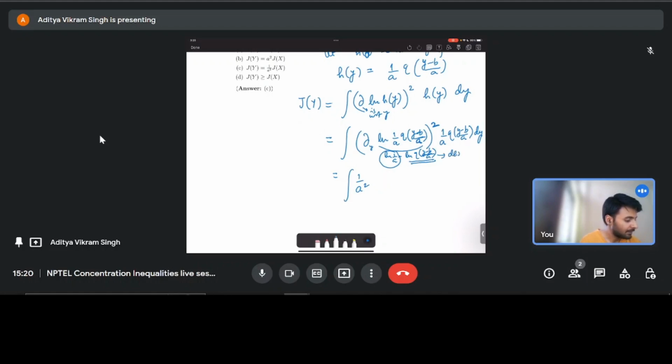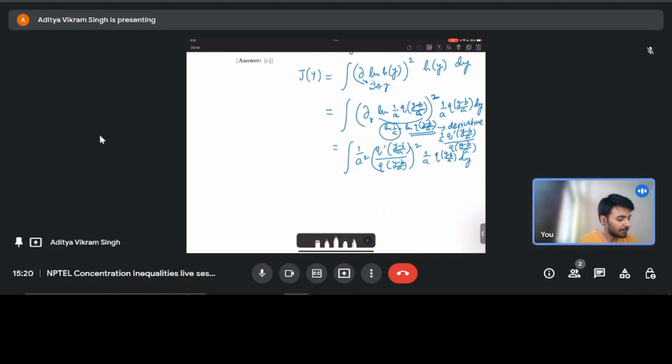If you take the derivative here, this would be q dash of y minus b by a times 1 by a, upon q of y minus b by a. So this would become q dash of y minus b by a by q of y minus b by a, the whole square, times 1 by a q of y minus b by a times dy.